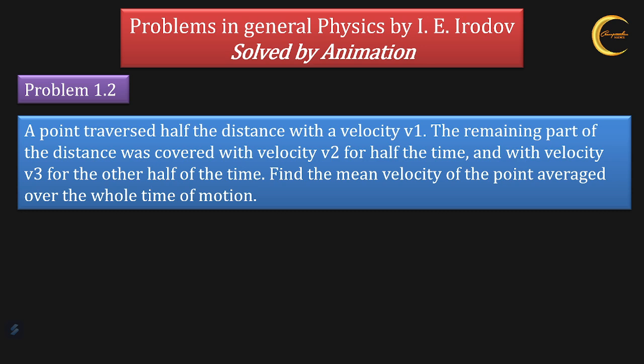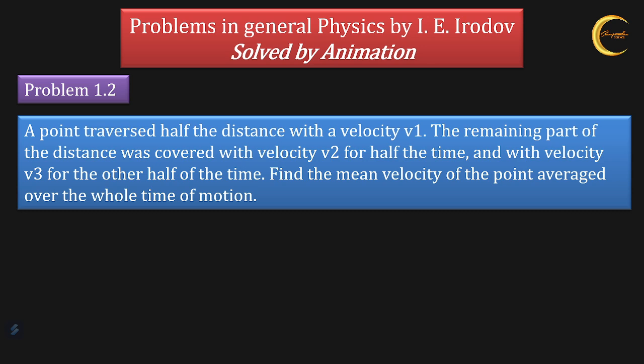First, a point traversed half the distance with a velocity v1. The remaining part of the distance was covered with velocity v2 for half the time, and with velocity v3 for the other half the time.